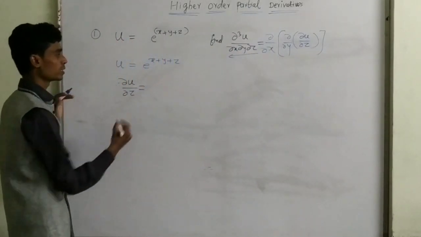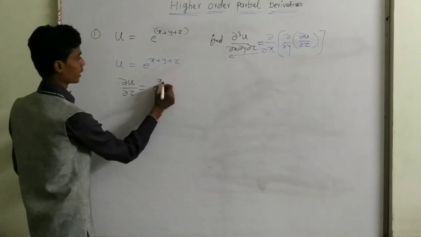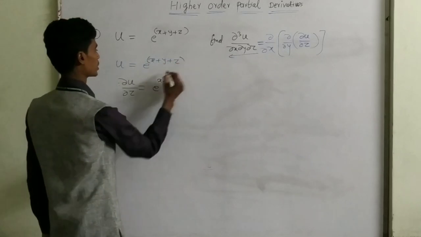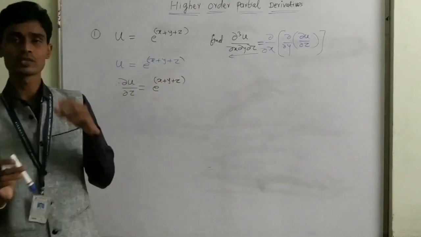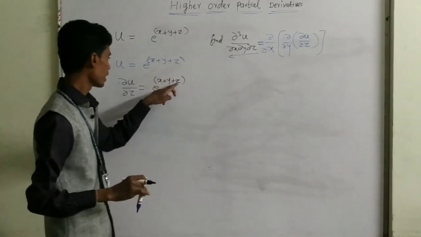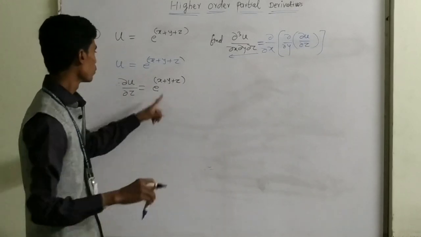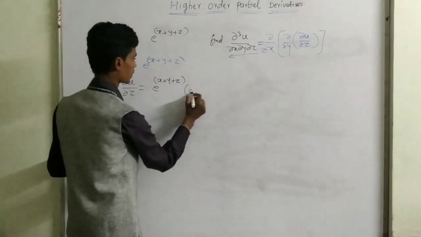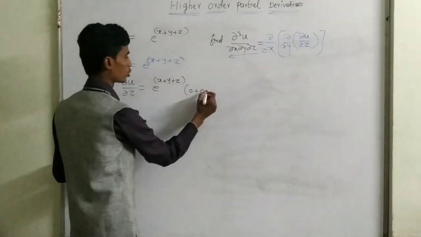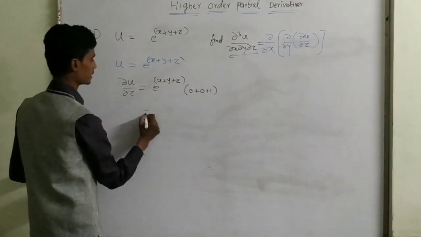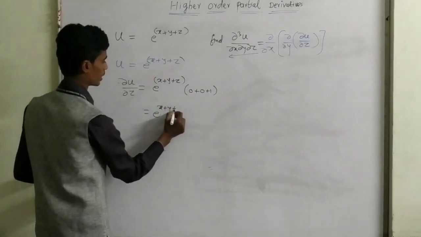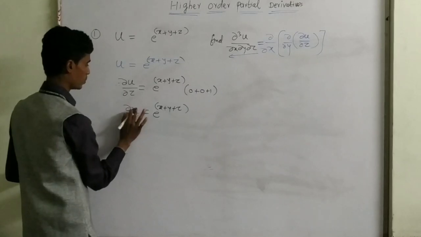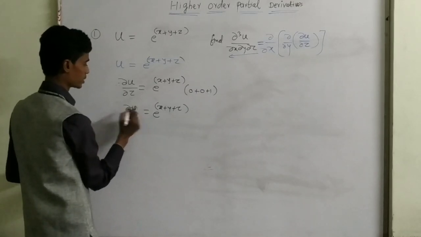Now u is e raised to x plus y plus z, as it is, and the partial derivative of x plus y plus z with respect to z, with y and x constant: derivative of x is 0, derivative of y is 0, derivative of z is 1, so simply it is e raised to x plus y plus z as it is. This is the value of ∂u/∂z, clear.